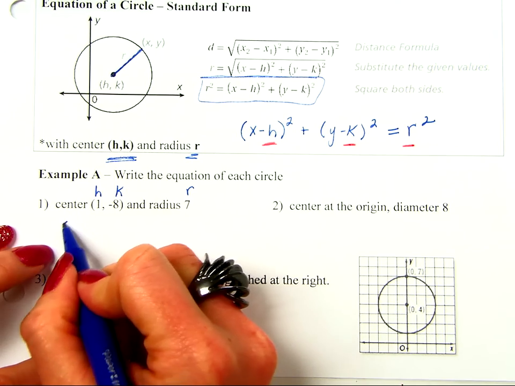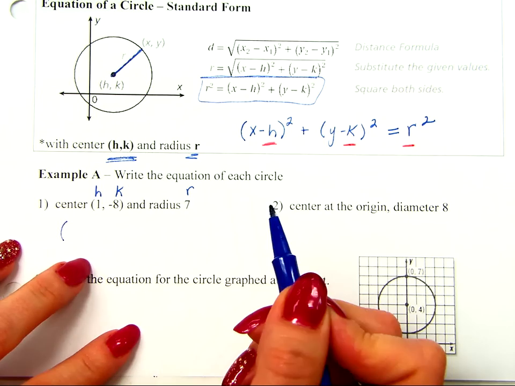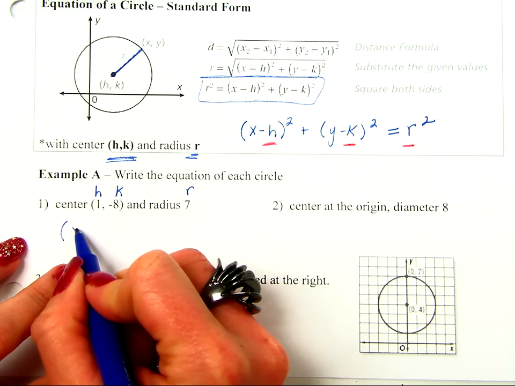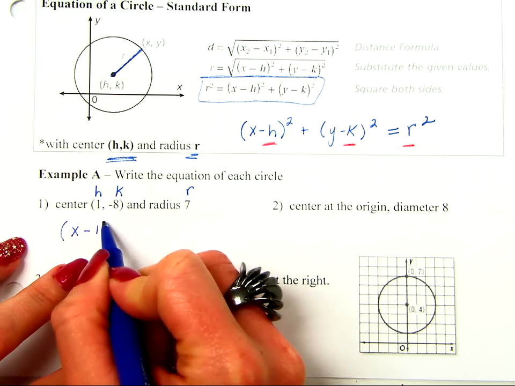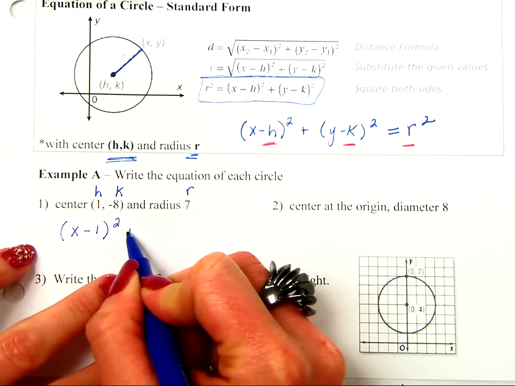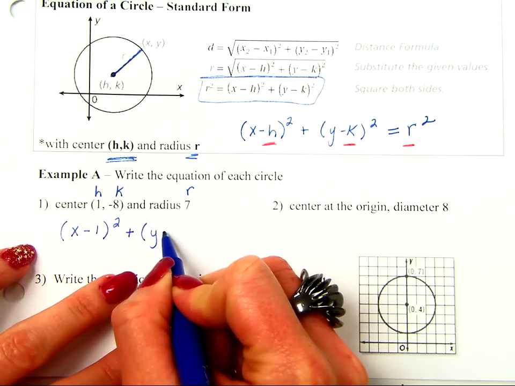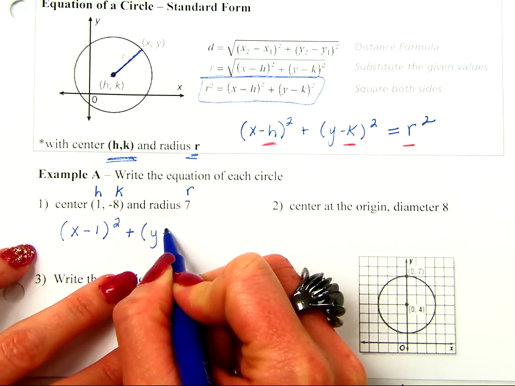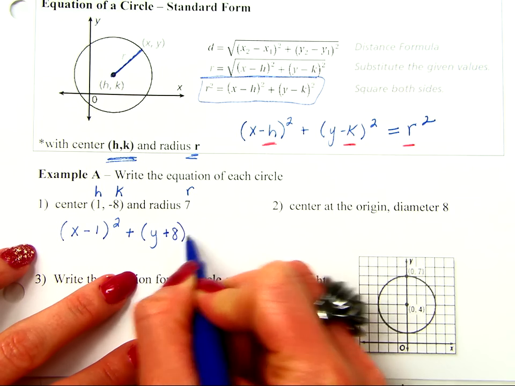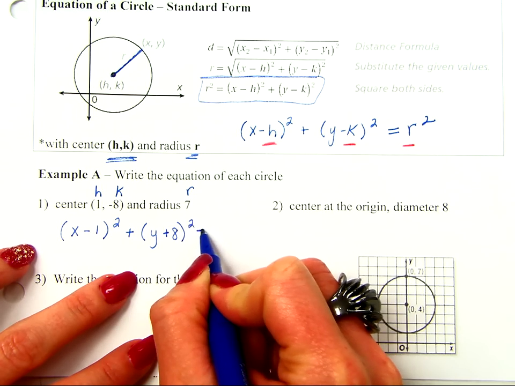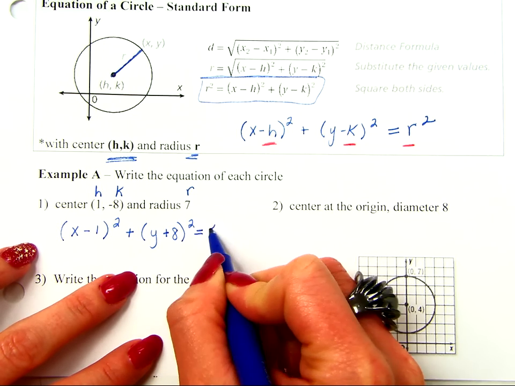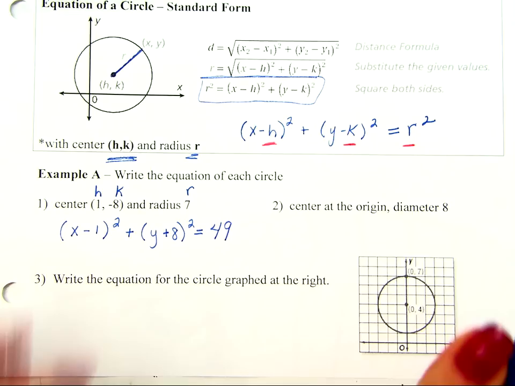Therefore, I would have, now I'm going to use my x and y, x minus 1 quantity squared plus y minus negative 8. Well, minus a negative 8, I'm actually going to put as plus 8. And equal to r squared, well, 7 squared is 49.